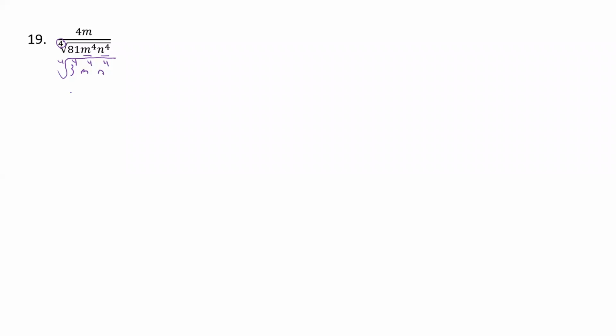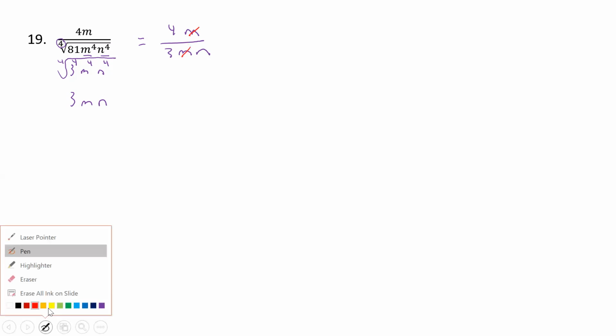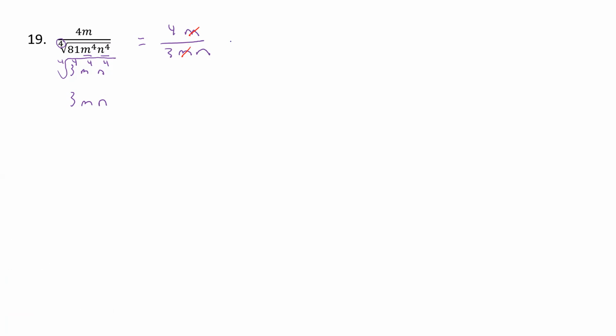So when we take the 4th root, that's going to be 3, that's going to be m, and that's going to be n, and so really this is 4m over 3mn, and when we do that, our m's cancel, and so all we get then is 4 over 3n, and that would be our final answer.